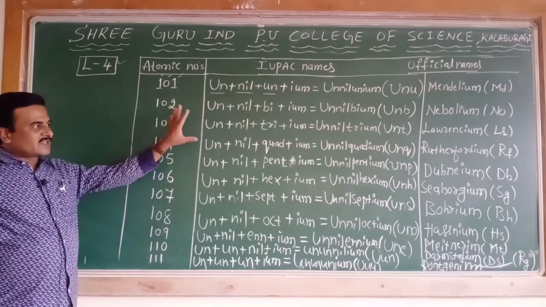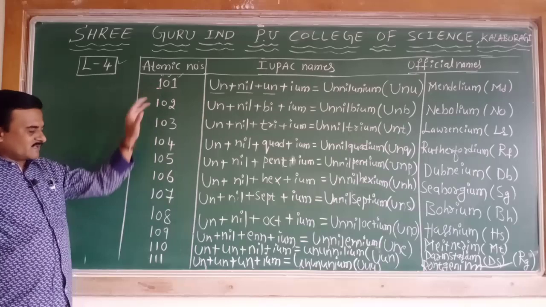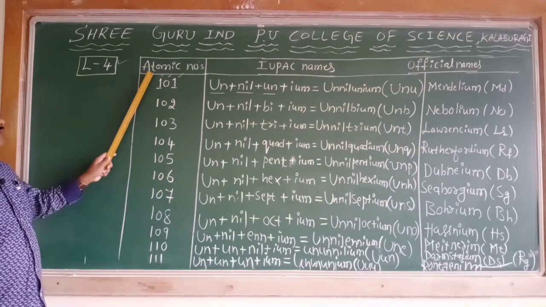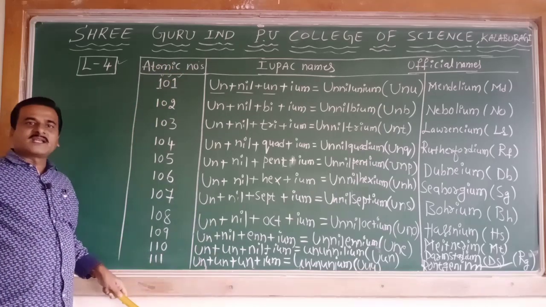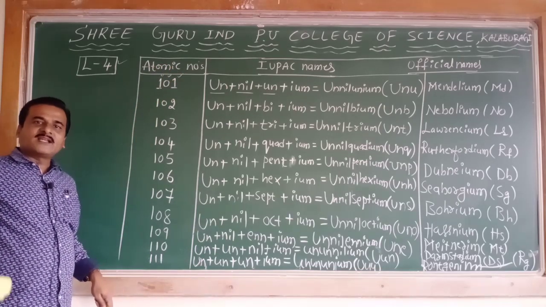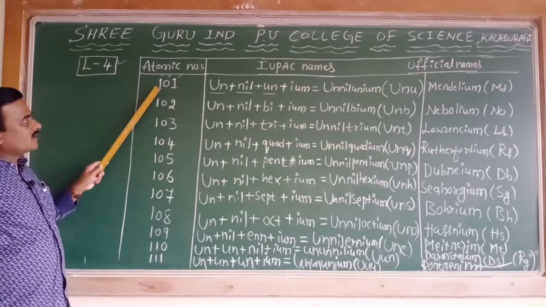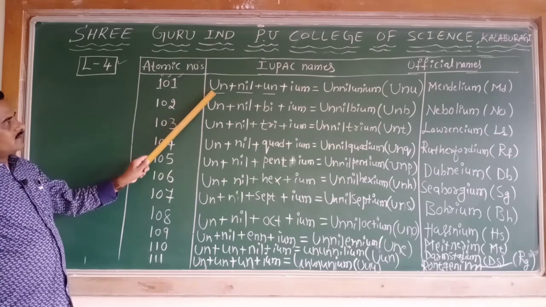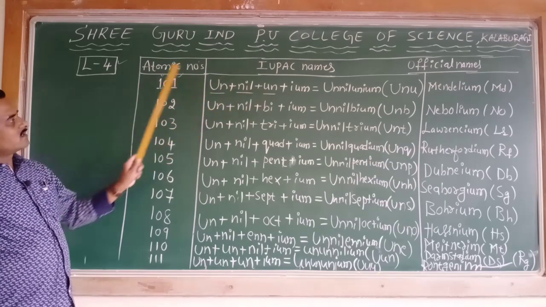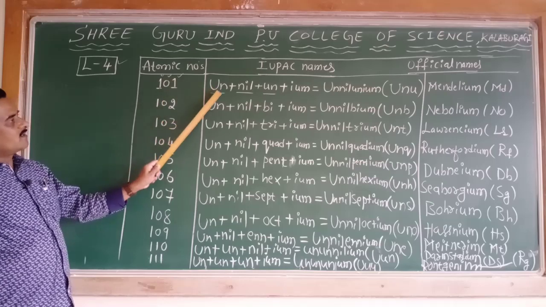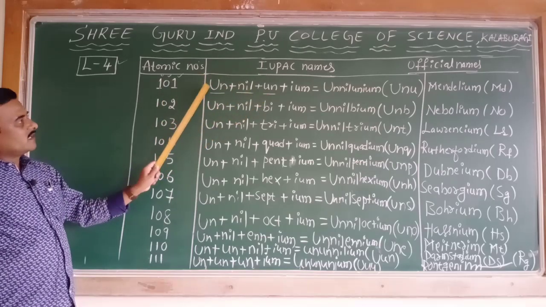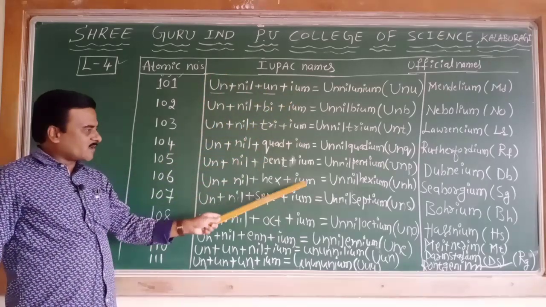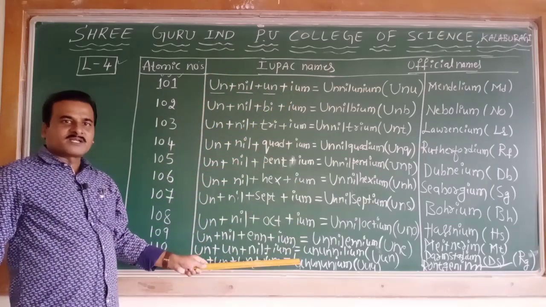So let us glance with highlights. Here is the table where we have written the IUPAC names of the elements with atomic number more than 100. For 101, un plus nil plus un, and the suffix ium. The suffix is common for all the atomic numbers.